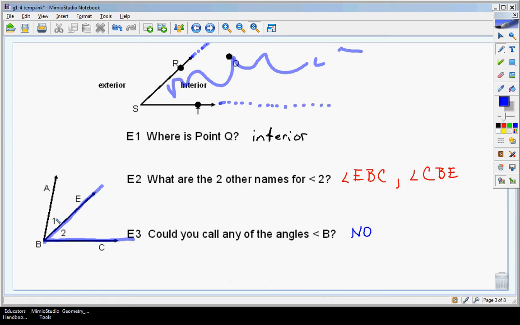There's 1, there's 2, there's 3, the whole thing. So the reason I can't say that it's angle B is I wouldn't know which one of those 3 angles it was referencing. If there's more than one angle at a vertex, you cannot use that vertex to name the angle anymore. You have to name it with 3 points or a number.